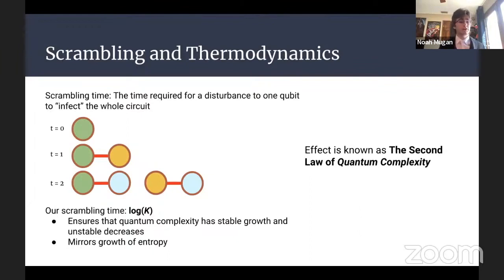Applying those Hermitian conjugate gates will no longer reduce the complexity, instead leading the circuit on a brand new path and increasing the total complexity. This is why we say that quantum circuit complexity has stable growth and unstable decreases, which actually mirrors that of entropy. Because of this, we call this effect the second law of quantum complexity.